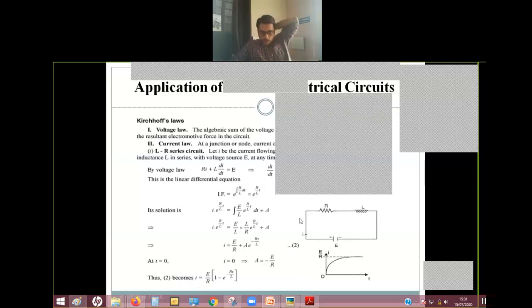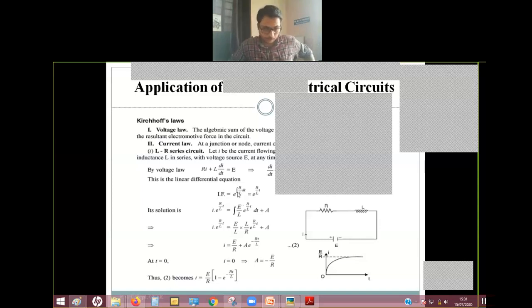So here this equation is linear in I, because in dy by dx, here it is di by dt, that's why it is linear in I, that is, the dependent variable is I here. So likewise, y into e raised to integration of p dx, here we are going to find e raised to integration of R by L dt.